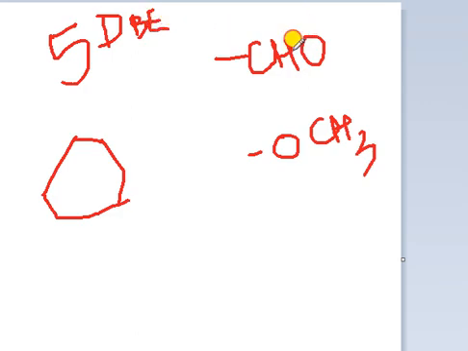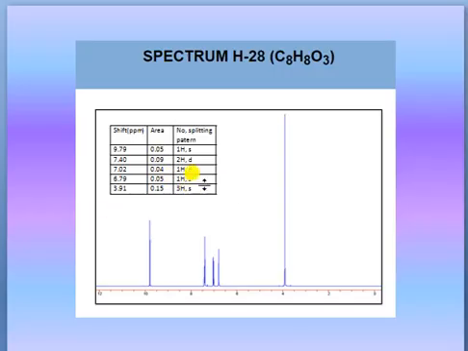One double bond is the aldehyde, and the benzene ring has another 4, making 4 and 5. And one is a singlet. So in the aromatic hydrogens, there are 2 and 3, maybe 4.